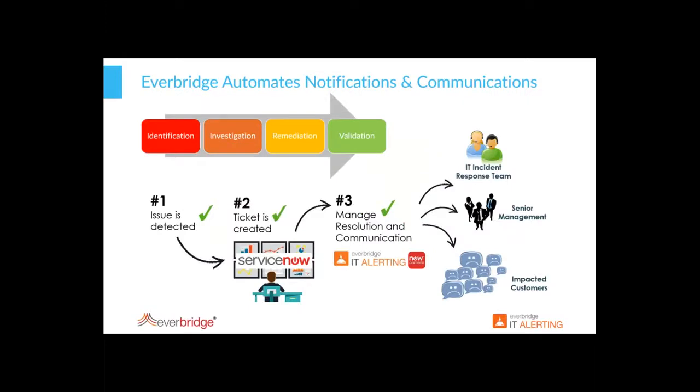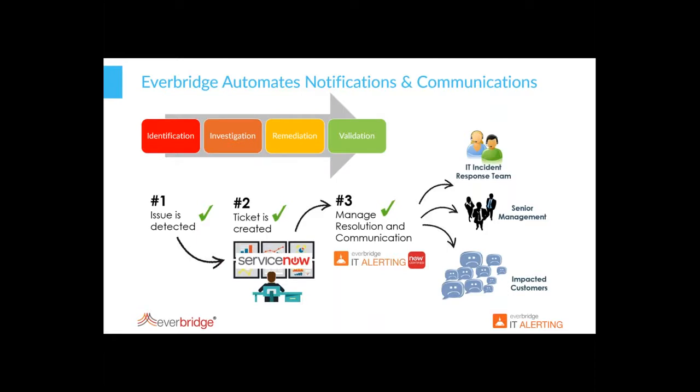So when an IT alerting solution is integrated with your ticketing system, as you can see here, we now have a joint solution that's going to cover and support the entire resolution process, from detection of the issue in step number 1 to logging the incident in your ITSM system to managing the resolution and the communication through an IT alerting solution.